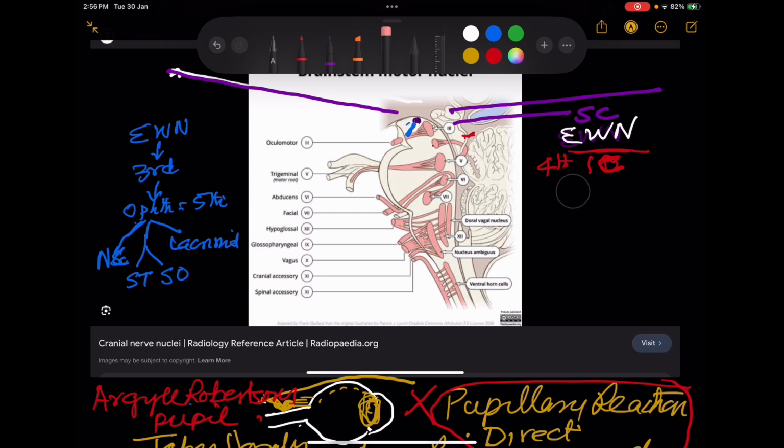The fourth nerve supplies the superior oblique. You remember the formula SO4 whole thrice. LR6, lateral rectus 6th, superior oblique 4th, and the rest by 3rd. So the superior oblique is supplied by the 4th, but the major point about the 4th nerve is that it emerges on the posterior surface of the brainstem. So the 3rd and the 4th nerve.